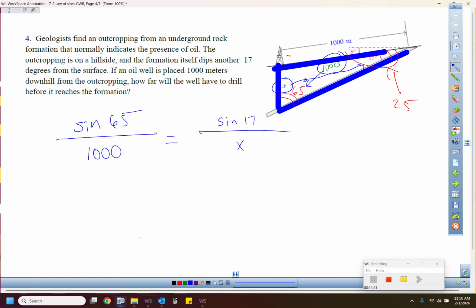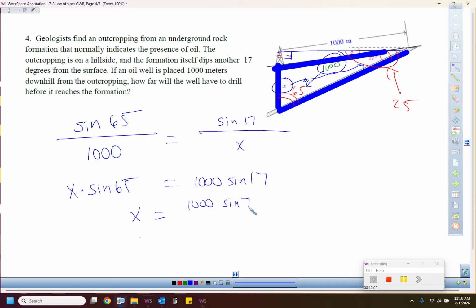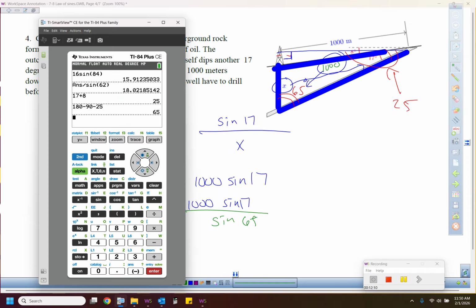The hard part is we had to find that angle. I was like, why did they give us this 8 degrees? We needed to use that, assuming we had a 90 right here. So cross multiply: 1,000 sine of 17, and then x will equal 1,000 sine of 17 divided by the sine of 65. And we'll go punch that in.